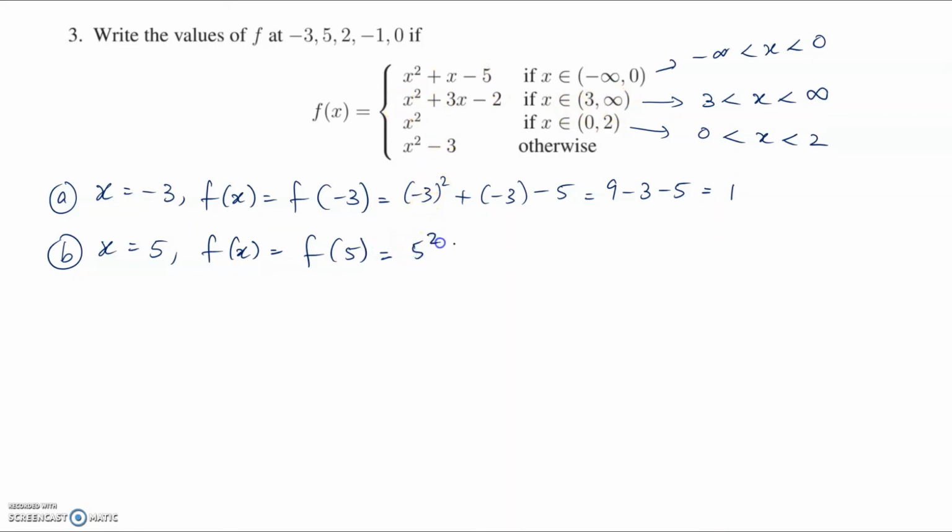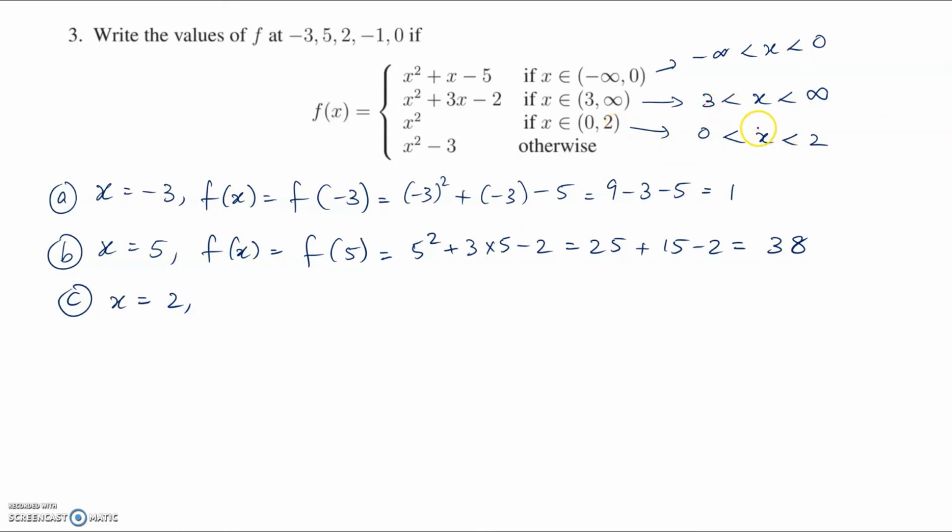So that's 5 squared plus 3 into 5 minus 2. So that is 25 plus 15 minus 2. That's equal to 38.